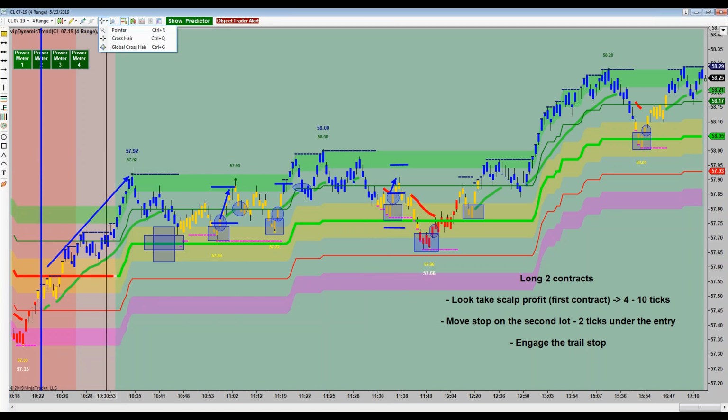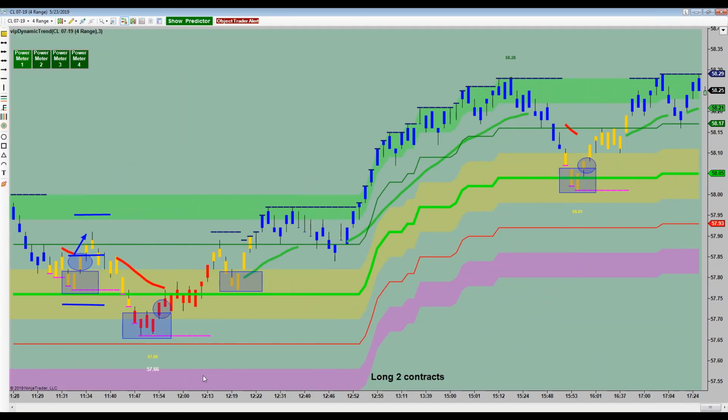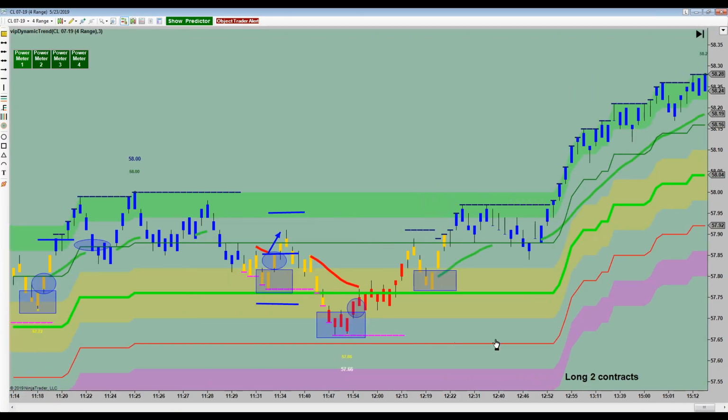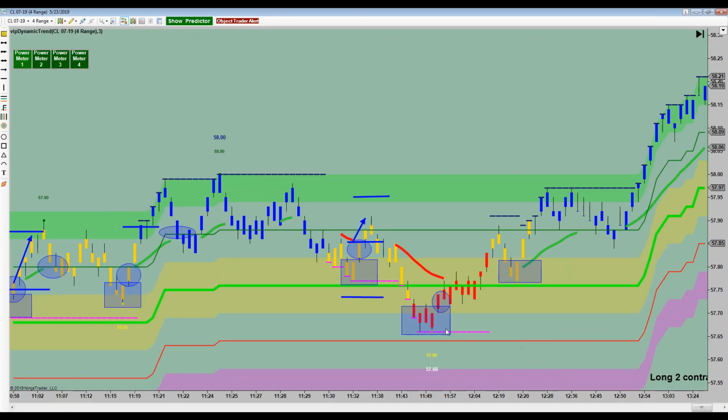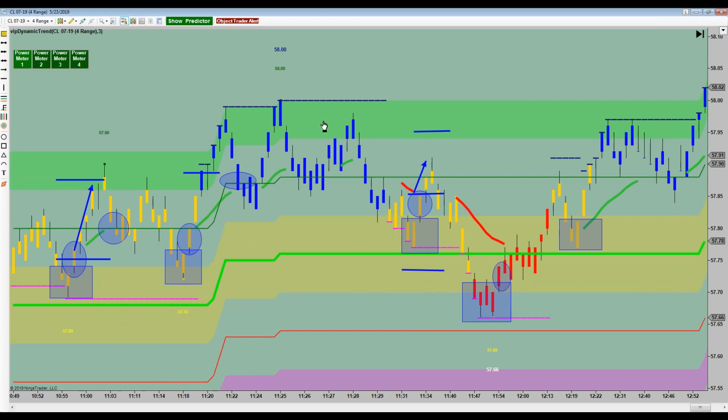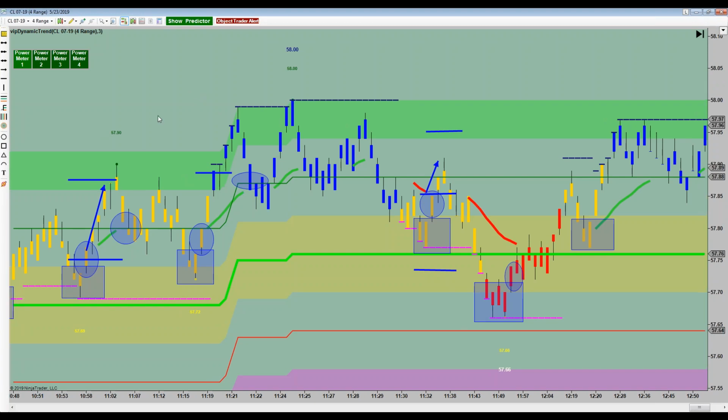Let's blow this up in great detail so we can all get on the same page. Here you drew your box. Close outside, you're filled. You get 1 bar in your favor, 2 bars in your favor, and let's contrast the look of this trade, and I'm going to circle all 3, and this is going to help you. This is where the helping part is going to come in, okay? Ready?